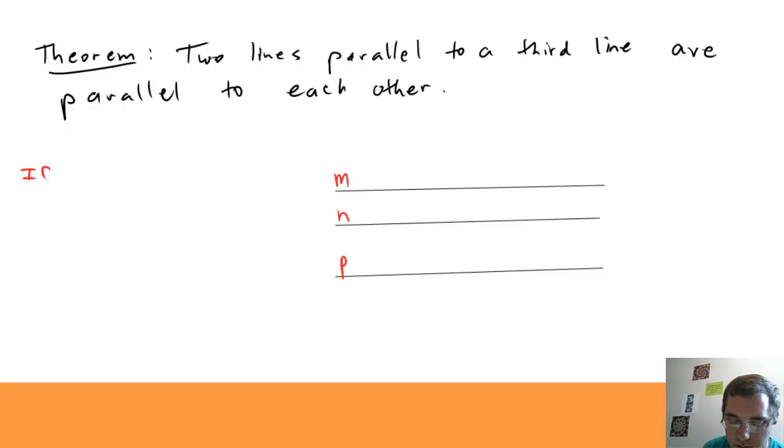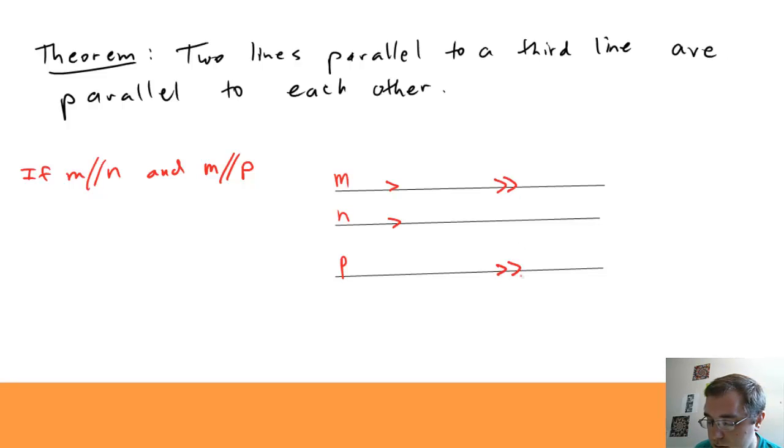If M is parallel to N, which I'll mark with one set of arrows, and M is parallel to P, which I'll mark with double arrows, then this theorem says since both N and P are parallel to M, then they must be parallel to each other.